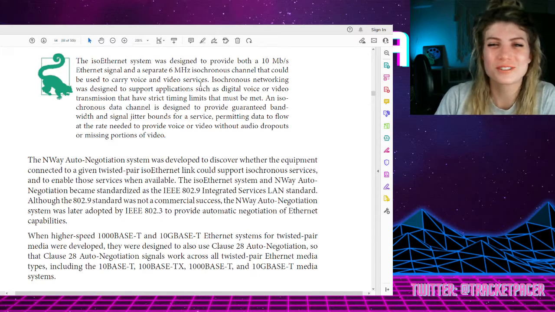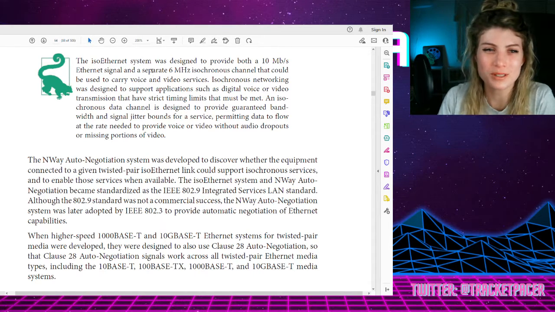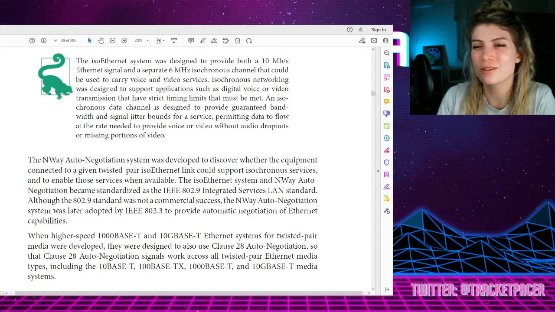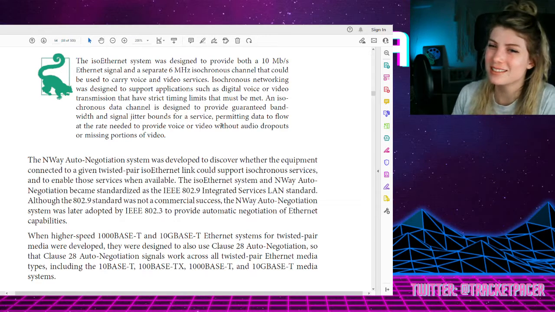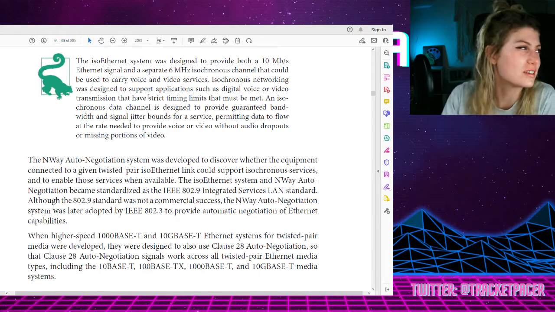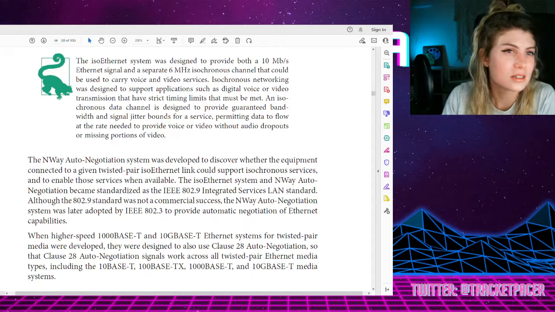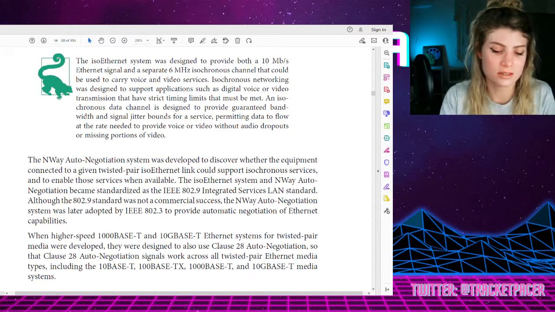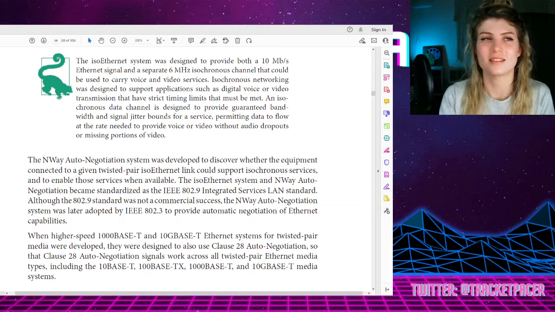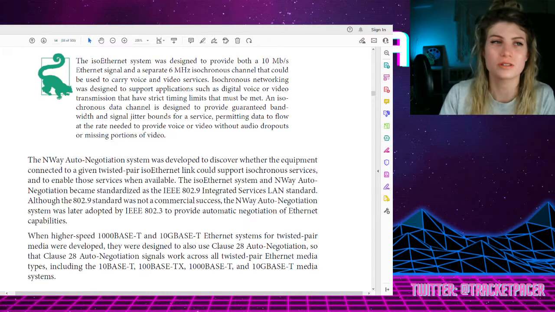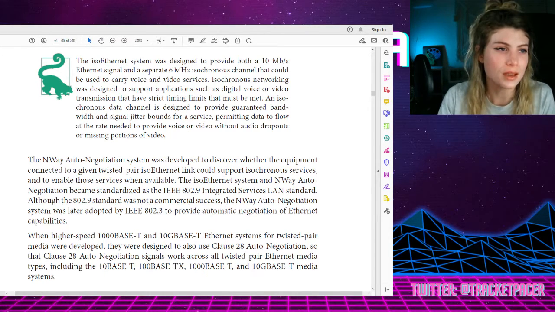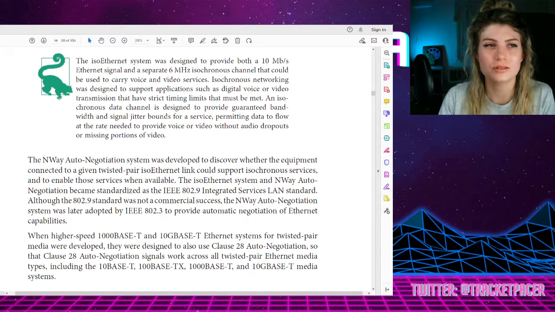The ISO Ethernet system was designed to provide both a 10 megabit per second Ethernet signal and a separate 6 megahertz isochronous, another amazing word. I assume you say it isochronous, but now that I'm saying it, it sounds kind of stupid. So maybe that's not how you say it. I'm gonna look this up. What a cool word, though. Seriously, isochronous.